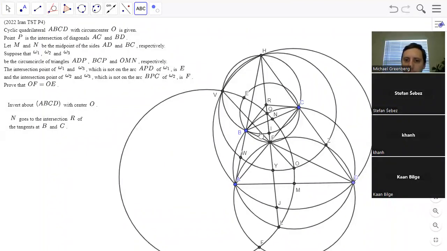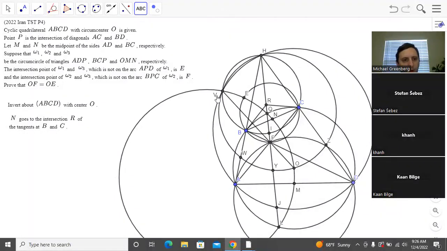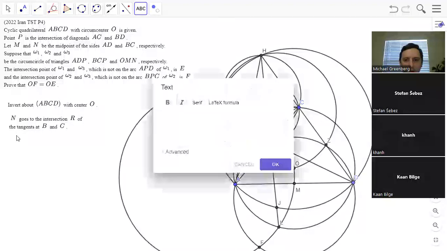So I wonder if we can use poles and polars. Yeah, probably if we intersected these two, that would probably just be a pole and polar thing. But yeah, Pascal is good, so I'll write that out. So by Pascal on, R lies on HL.